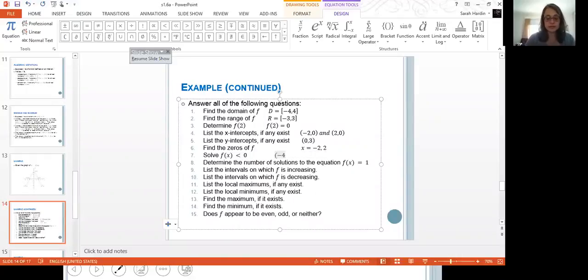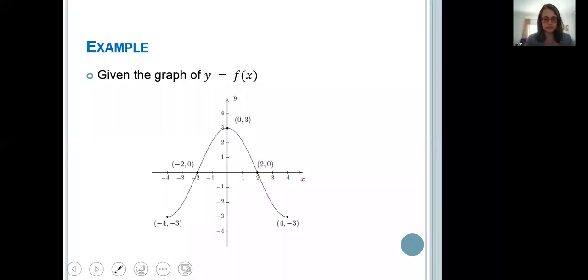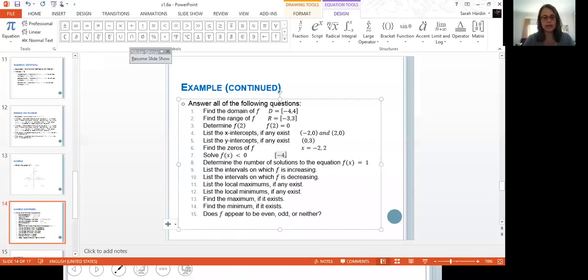-4 up to, I get to include -4, so we'll make it a bracket, up to -2, but we have to be careful because this is strictly less than in our inequality, so we can't include -2 because at -2, my function is equal to 0, which isn't less than 0.